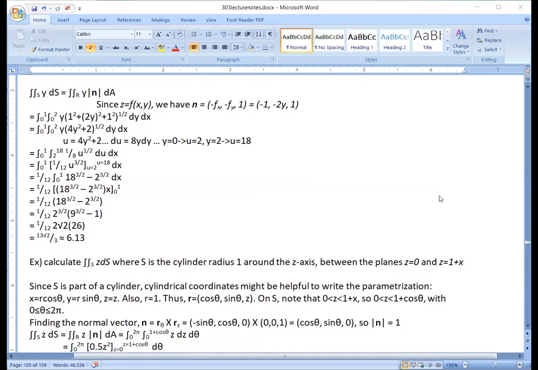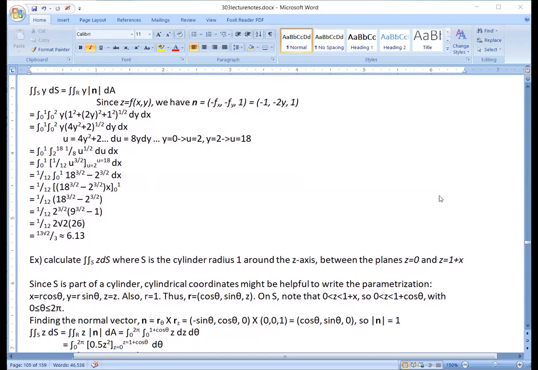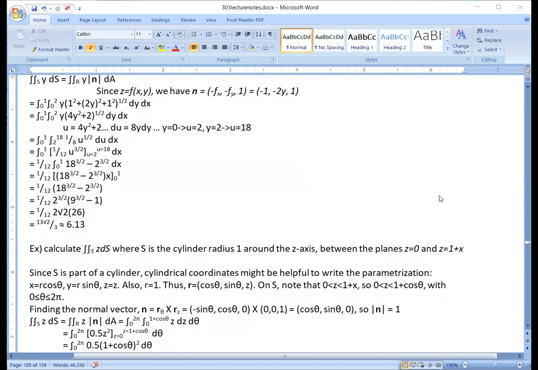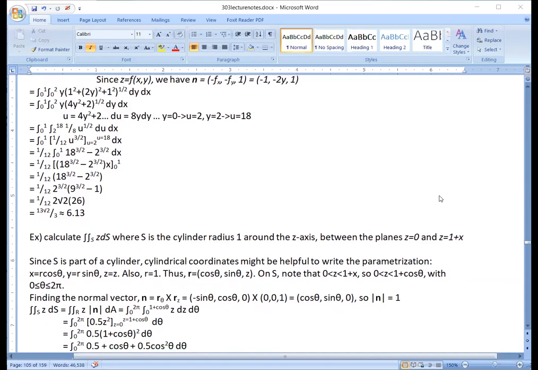So first, integrating with respect to z, you just get half z squared. Then evaluating on the boundaries z equals 0 to z equals 1 plus cos theta, plugging that in, you get half of (1 plus cos theta) squared. To integrate that, of course, you want to multiply it out.